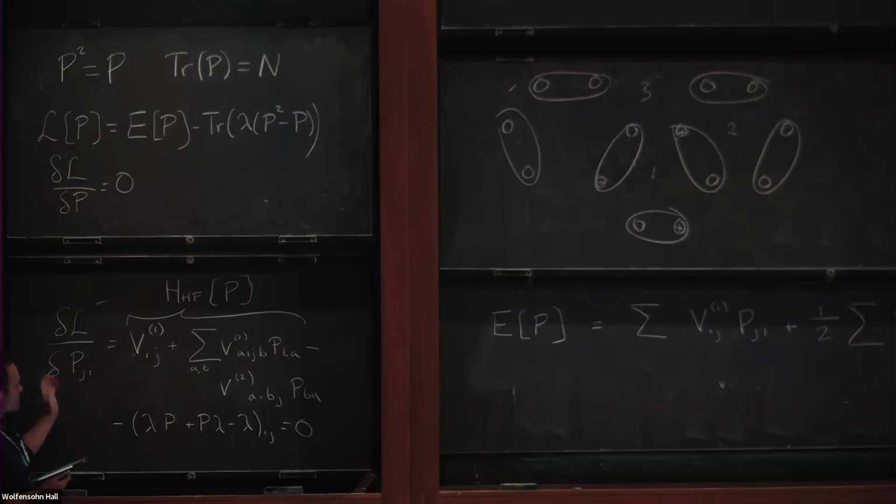Now, when I look at this, the meaning of it is kind of obscure. But it turns out there's a way to rewrite this which has a very transparent physical interpretation.